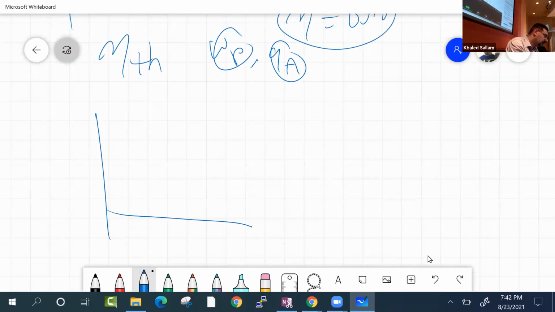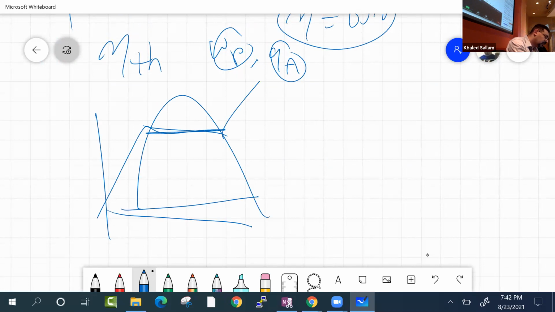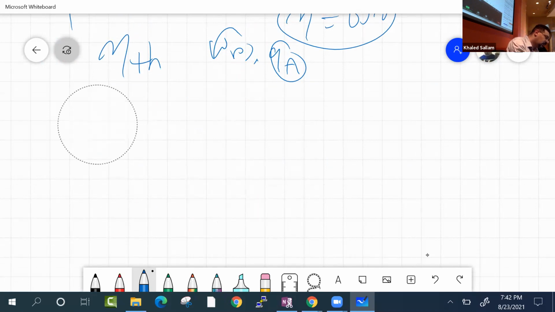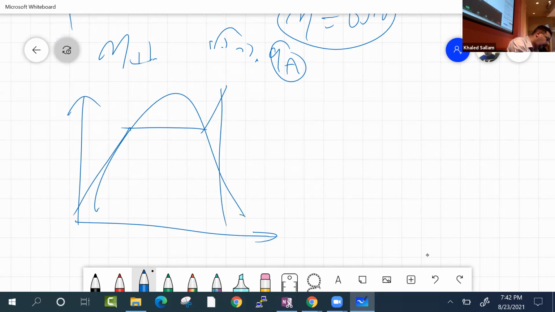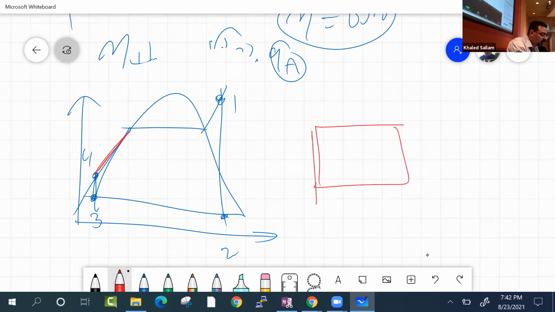And what we have is not a rectangle. 1, 2, 3, and 4. So this part is not okay. I should have something like this. That's my Carnot cycle. But we need to heat the water here.